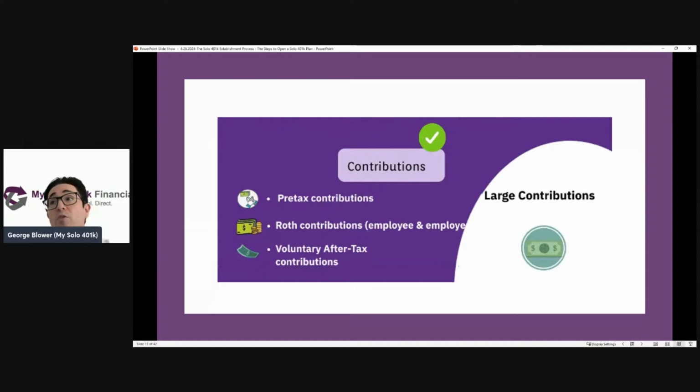And our plan not only allows for employee and employer Roth contributions, but also allows for voluntary after-tax contributions. This is how someone is able to make so-called mega backdoor Roth contributions, where, for example, for 2024, you could end up contributing $69,000 to your Roth account via the after-tax account, or even $76,500 if you're 50 or older.